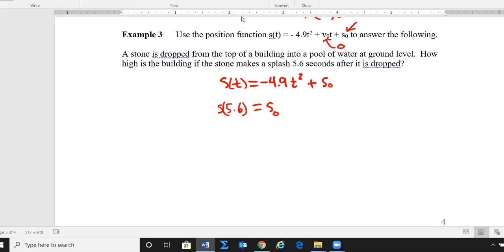Let me back up a little bit. So S sub 0, well, not plus, that had to be a minus. I'm going to write this backwards here, but minus 4.9 times that 5.6 squared.